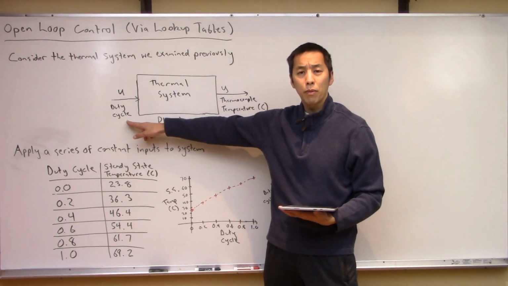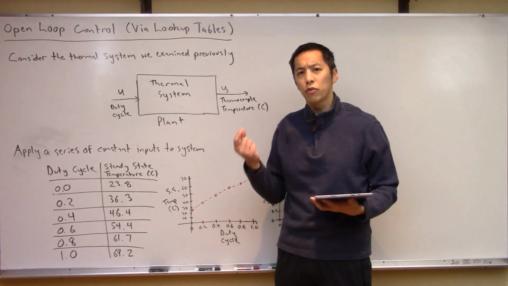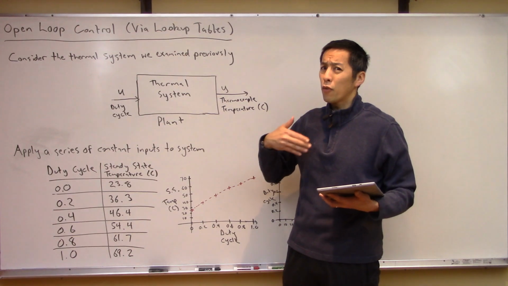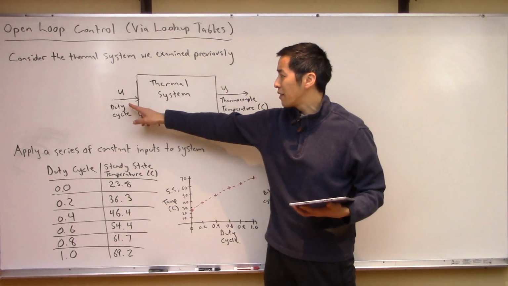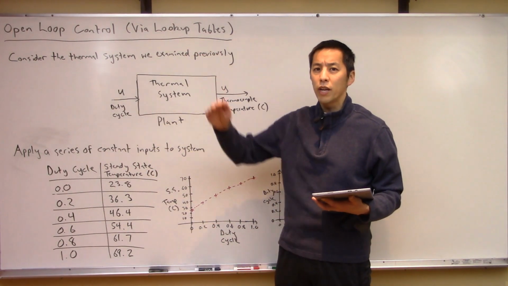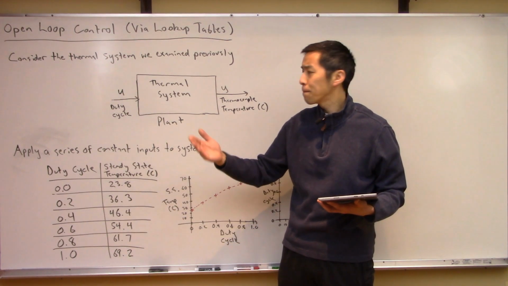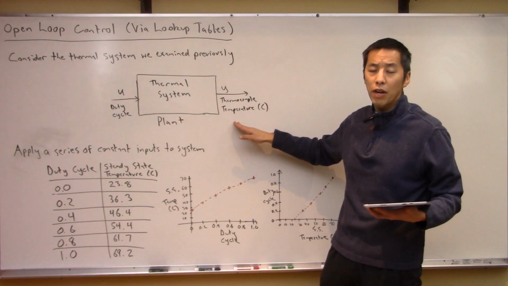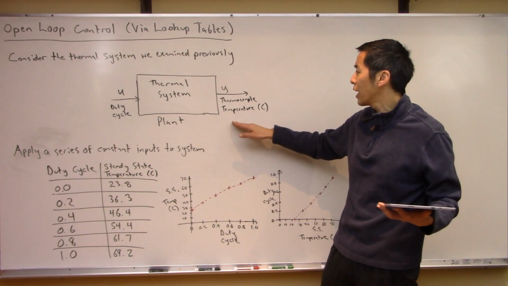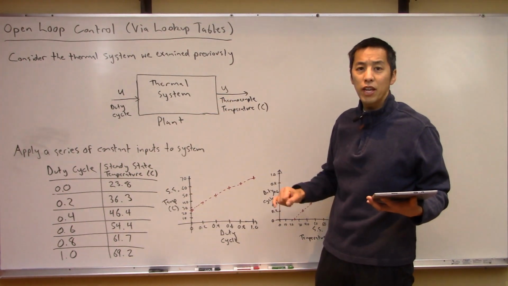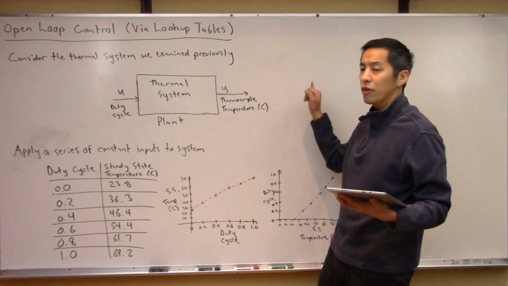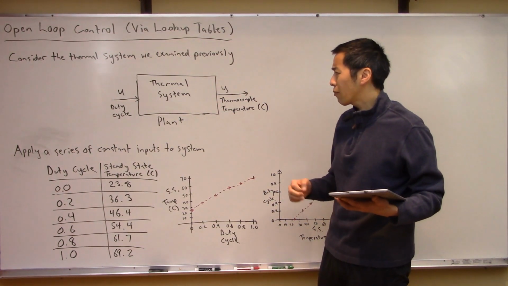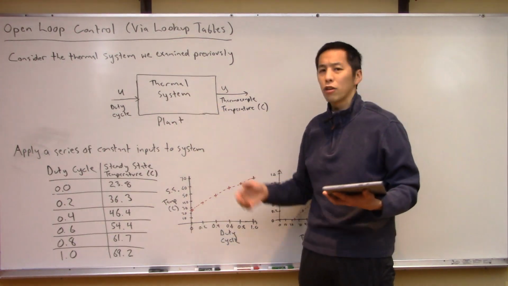Really what this is implementing is it's changing the duty cycle to a PWM signal going to the heater, but for our purposes all you want to think about this signal, it's 0 to 1 in some continuous fashion, okay? The response of this system then is just some temperature, right? There's a thermocouple inside of it, and when you turn on the heater, the temperature rises or falls depending on what duty cycle it is. And that's all the system is, right? Single input, single output. It's pretty simple.